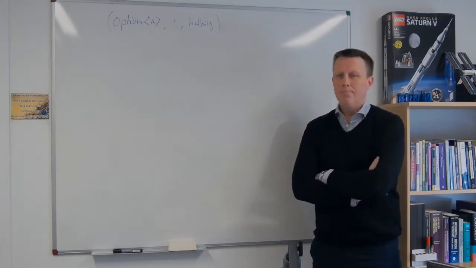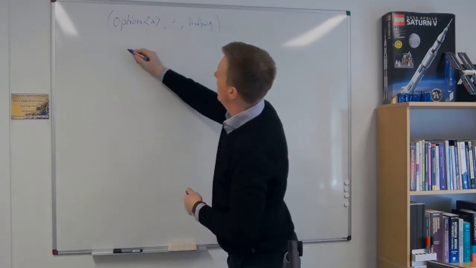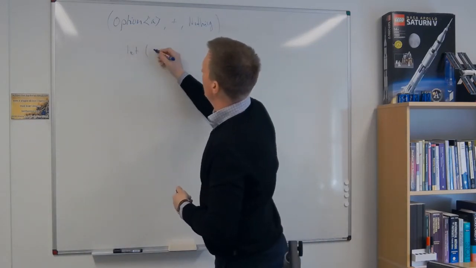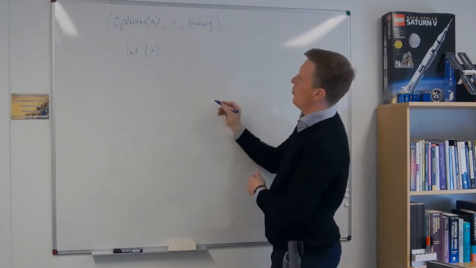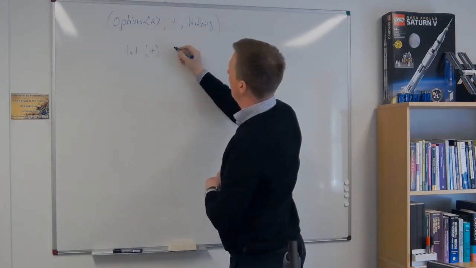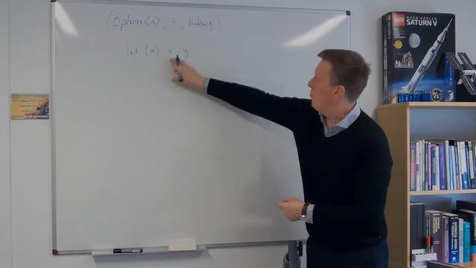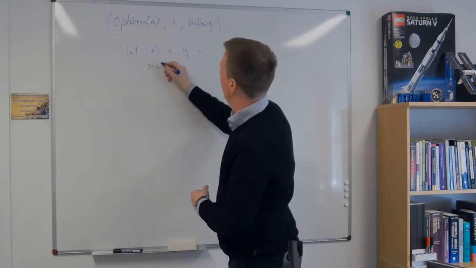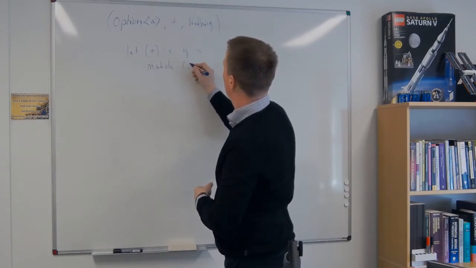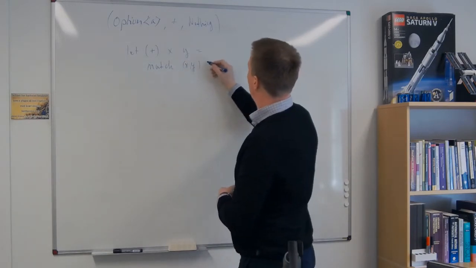There's a little thing, but let's look at this. I'm just going to define this plus operator for this option. So I'm going to take an x and a y. These are both options. And then we can say, okay, let's see, match x, y with.